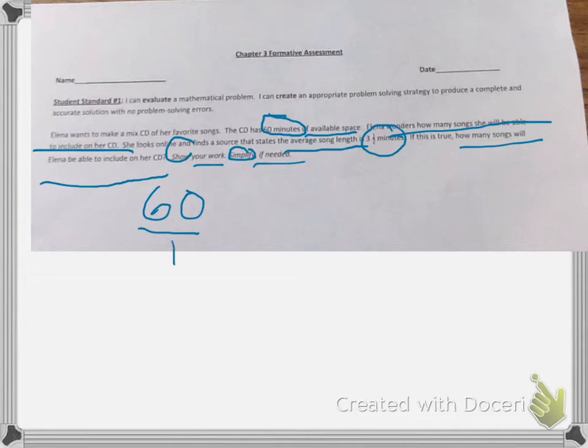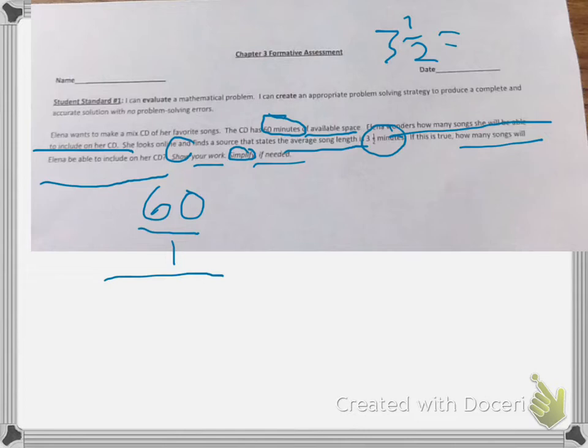So I'm going to rewrite 60 as 60 over 1, and then I'm going to use that big fraction bar to indicate my division. So I'm dividing 60 over 1, or 60 minutes, by 3.5 minutes. Now 3.5 minutes is equal to 7 halves, because you have 2 parts in the whole.